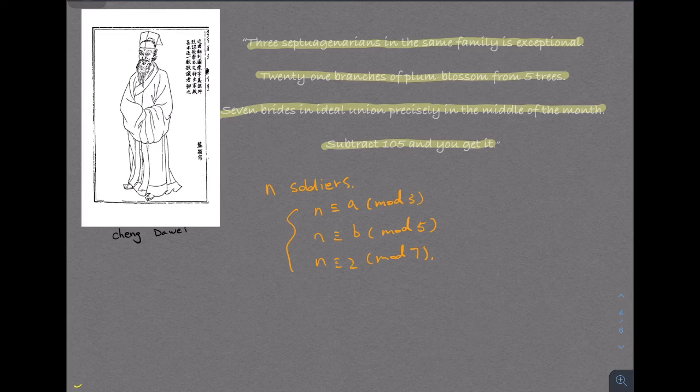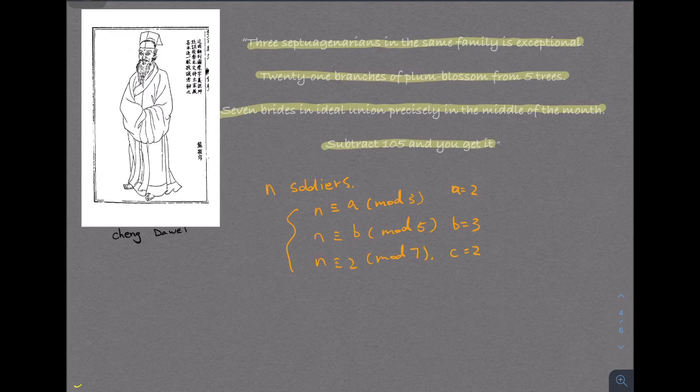From our prior information, we know n is 23, A is equal to 2, B is equal to 3, and C is equal to 2. And so let's go back to our poem to help us solve the question.